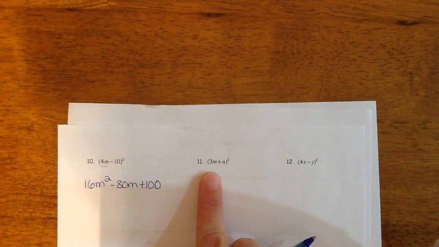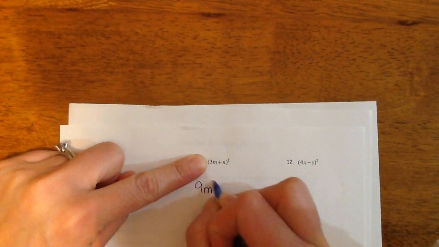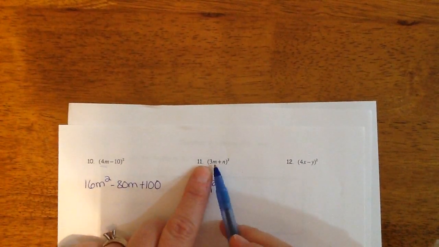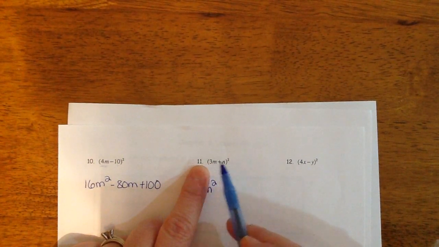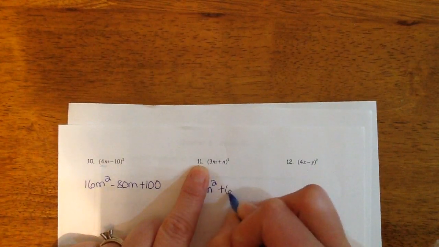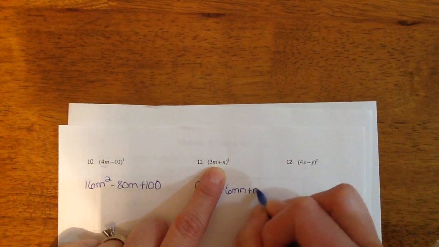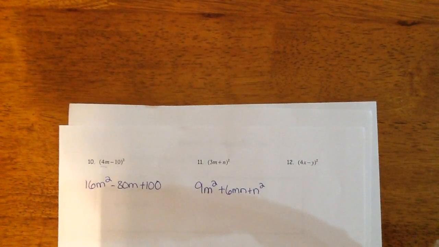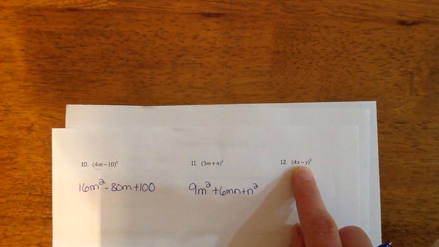Okay, hopefully you paused it. You're going to square the first. You're going to multiply them together, 3mn, and you're going to double that. And you're going to square the last. All right, now this one we just got to be careful because there's a subtraction.